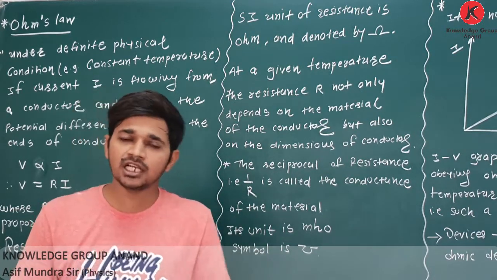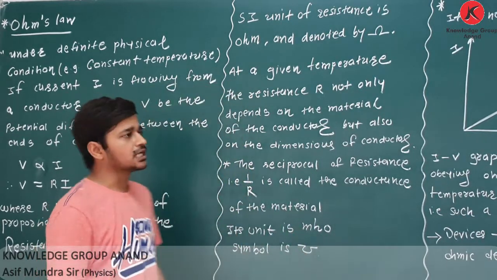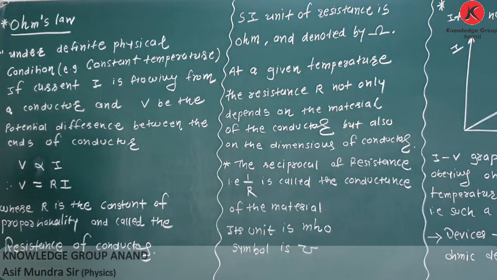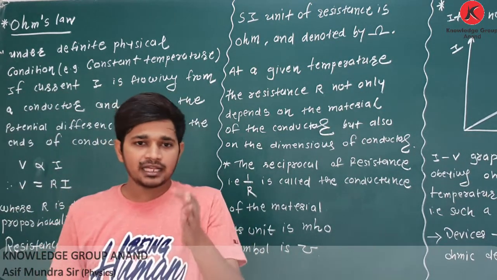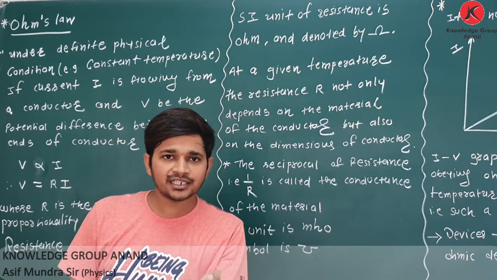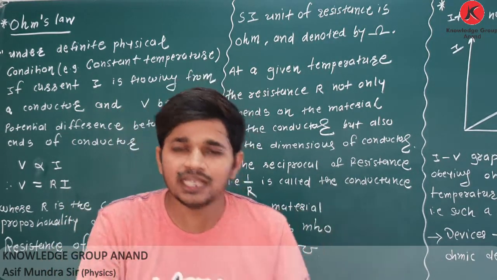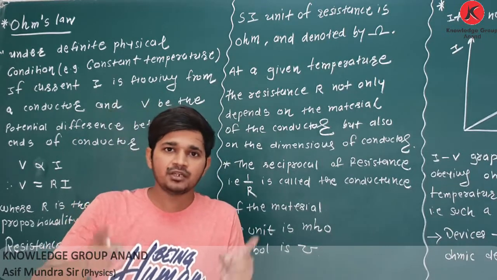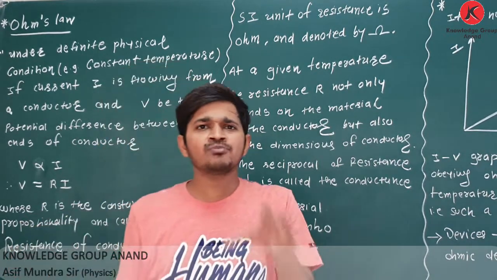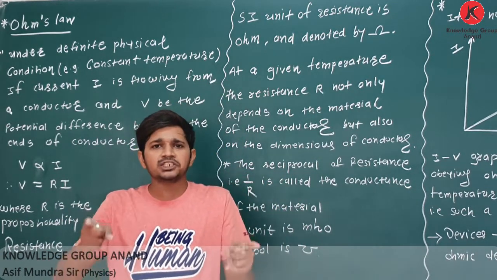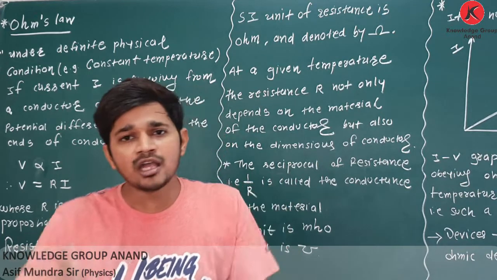After a number of experiments, scientist Ohm gave a relation between the electric current flowing through a conductor and the potential difference applied between its two ends.